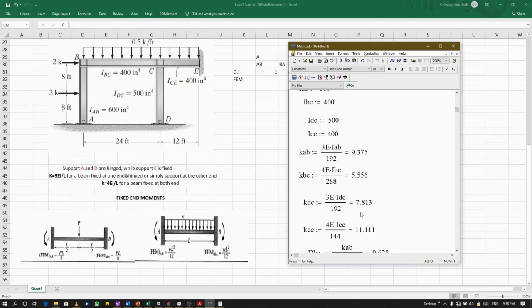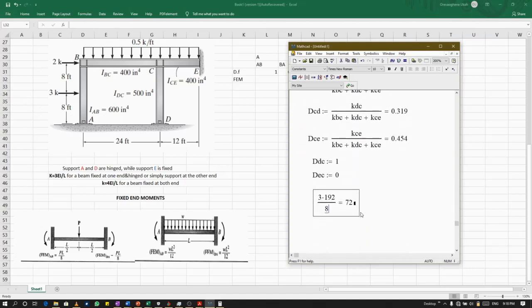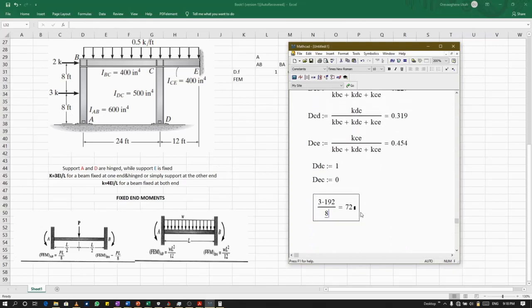There's no magic. We have 72 here. Okay, I was thinking, instead of working with kilopounds per inch, let's work with kilopounds per foot.